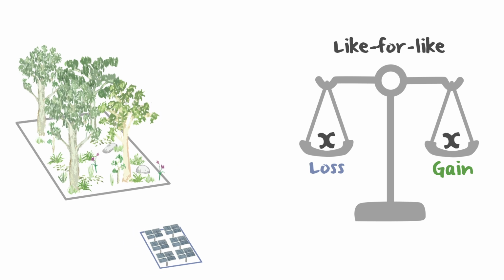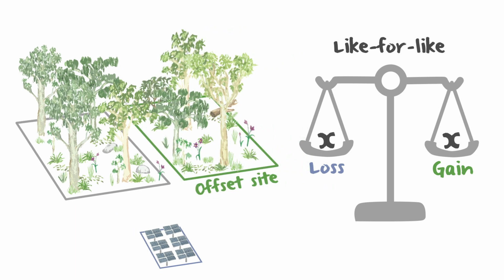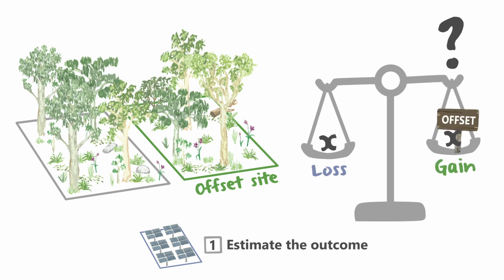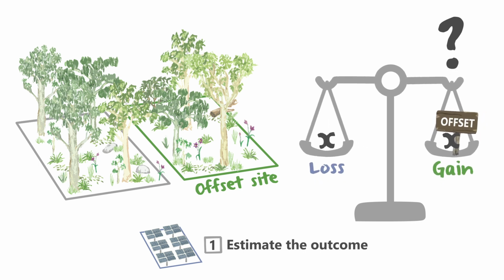Next, to understand how to estimate the size of the gain resulting from the offset action requires 3 steps. The first step is to estimate what we think will happen to our biodiversity index if we do a proposed offset action. This is called the outcome from the offset action scenario.